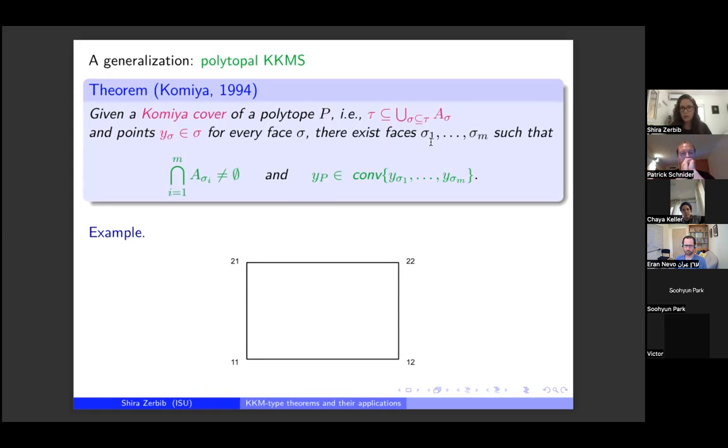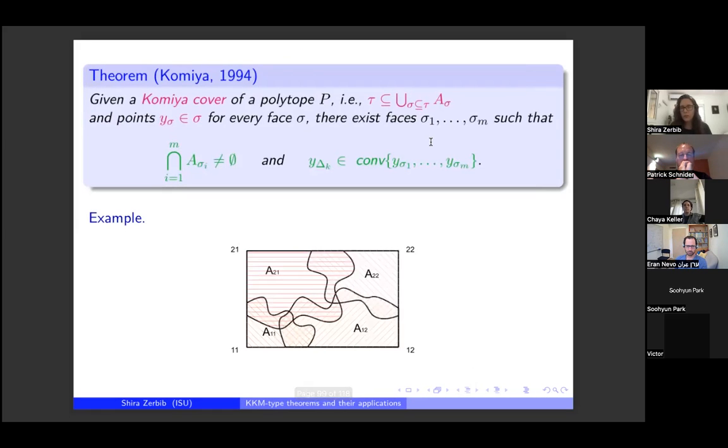Okay, here is a polytope, this rectangle. And here is a Komiya cover of this polytope. So I've taken all the sets to be empty sets, except for the sets that correspond to the vertices. So I have the vertices 11, 21, 22, and 12, and I have 4 sets corresponding to these vertices, and you can check that this is a Komiya cover.